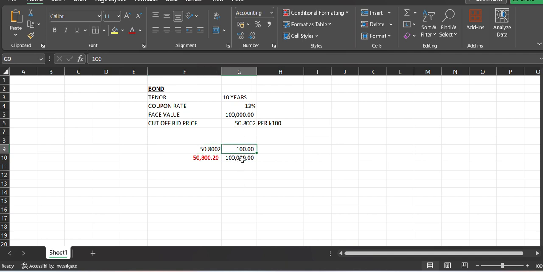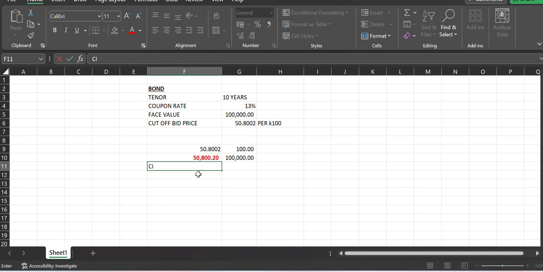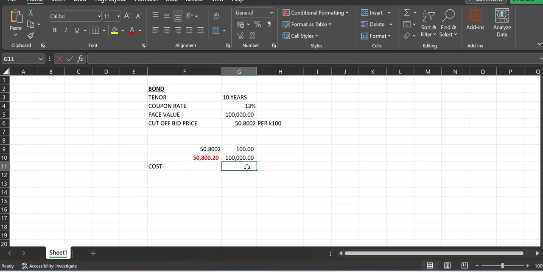If instead you want to be credited with 100,000 kwacha face value, then you need to spend this. So this becomes your cost and this becomes your face value.